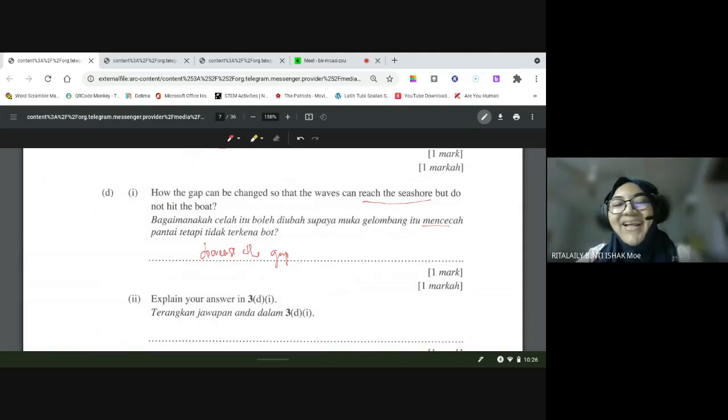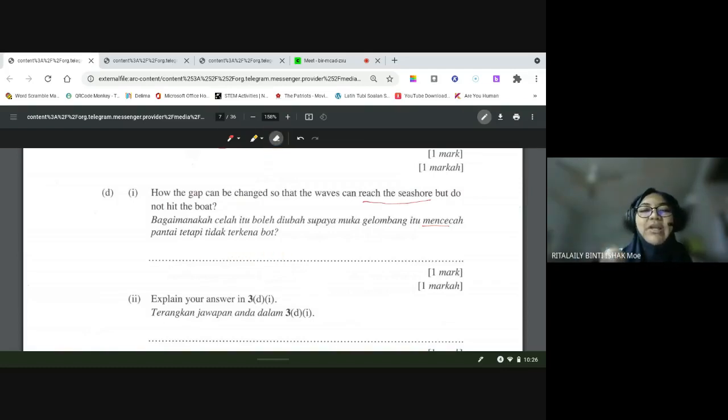Right, the gap. The gap move mana-mana pun sama je. Okay, so sekarang dia nak the gap tu nak increase ataupun decrease. Dia fokus pada tu. Kalau move to the right, to the left, actually sama sahaja. Okay, so kita increase.